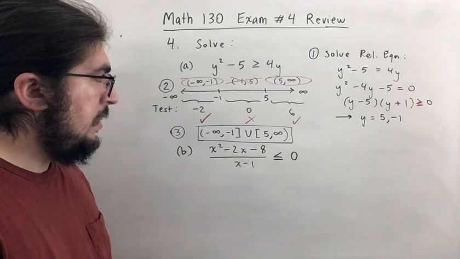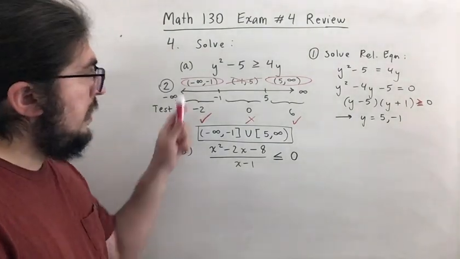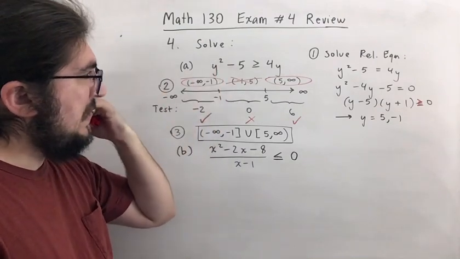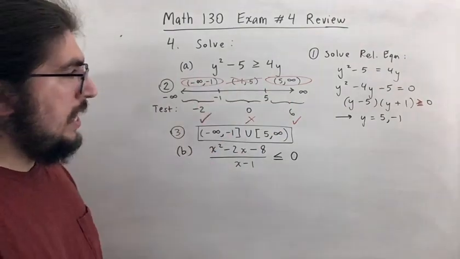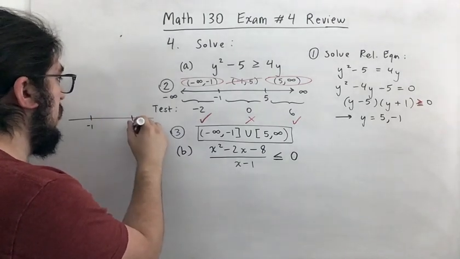Okay? Now another way of doing this is by graphing. It's kind of interesting, but if you were to actually graph this, I guess you'd have to, again, move everything to one side so the zero is on the other. And if you were to graph that quadratic, you essentially, long story short, get this.